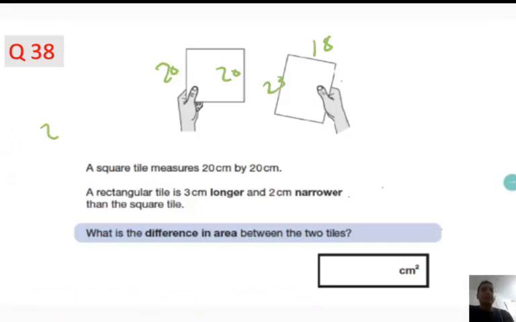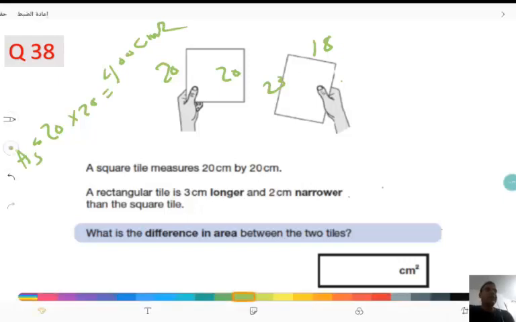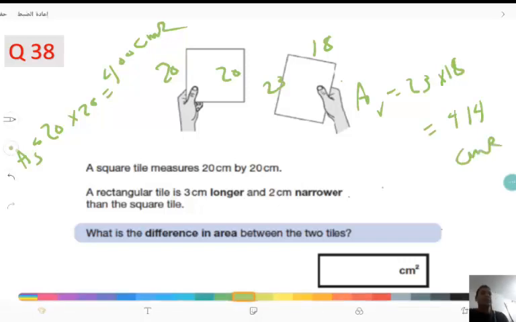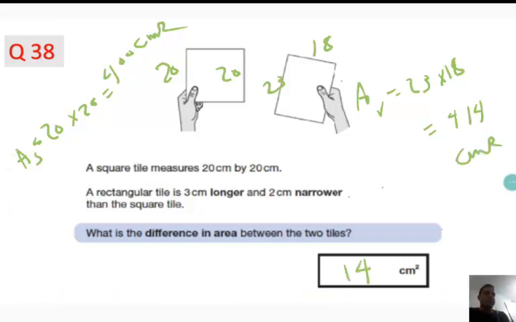The area of the square equals 20 times 20, which is 400 centimeters squared. The area of the rectangle equals 23 times 18, which is 414 centimeters squared. So the difference is 14 centimeters squared.